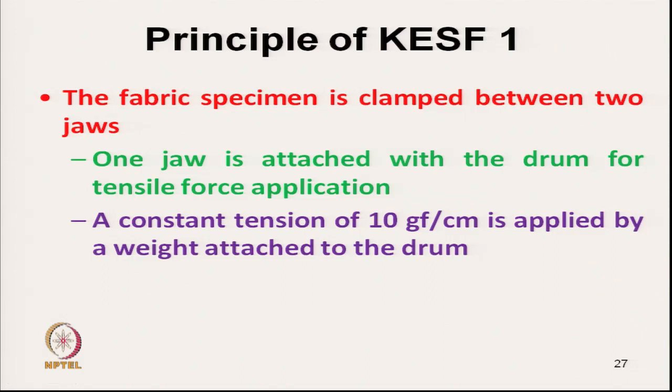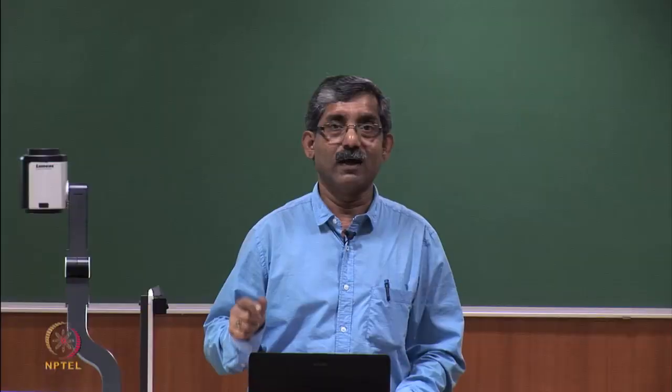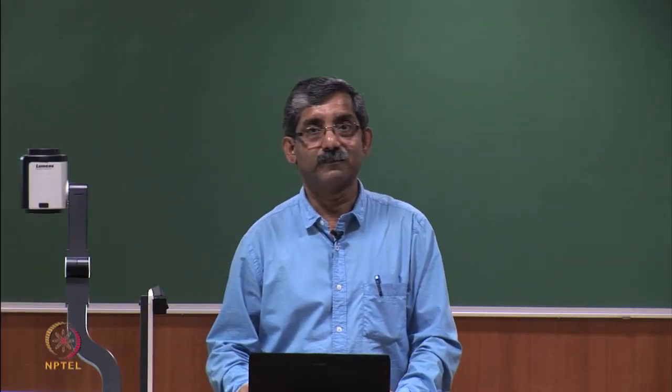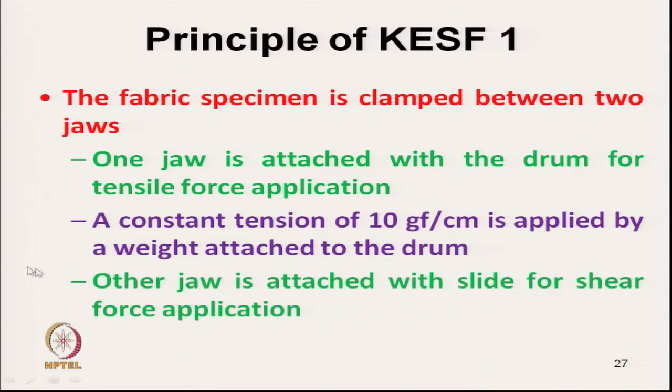So, a constant weight is hung on that, and then it is gripped, and the other jaw is attached to the slide for shear force application. So, one jaw is a slide, another jaw is the drum.